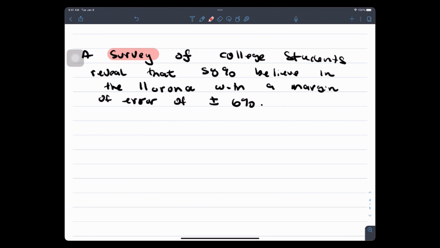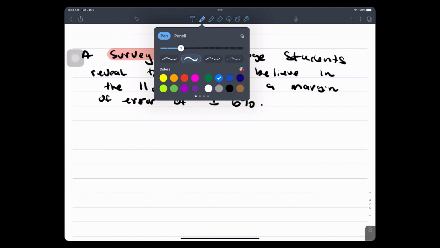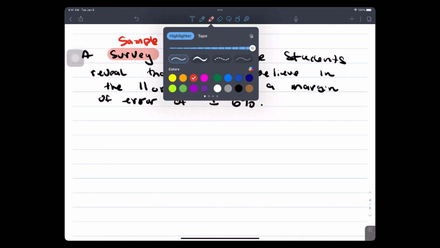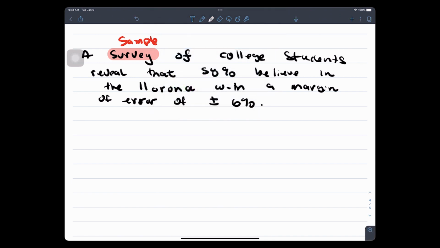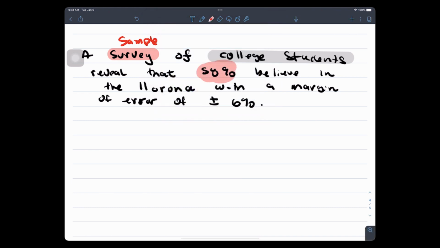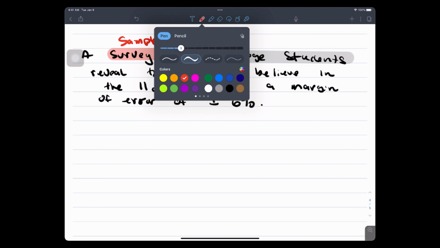So if it says survey, what does that mean again? That's a sample. A survey of what? What's the population? College students. Okay. What does a survey reveal? 58%. That's a sample what?